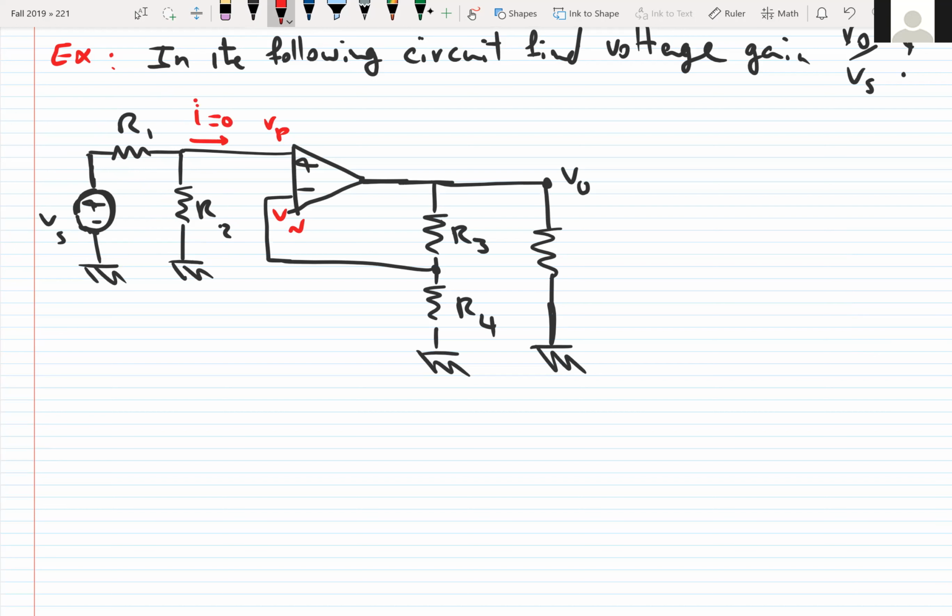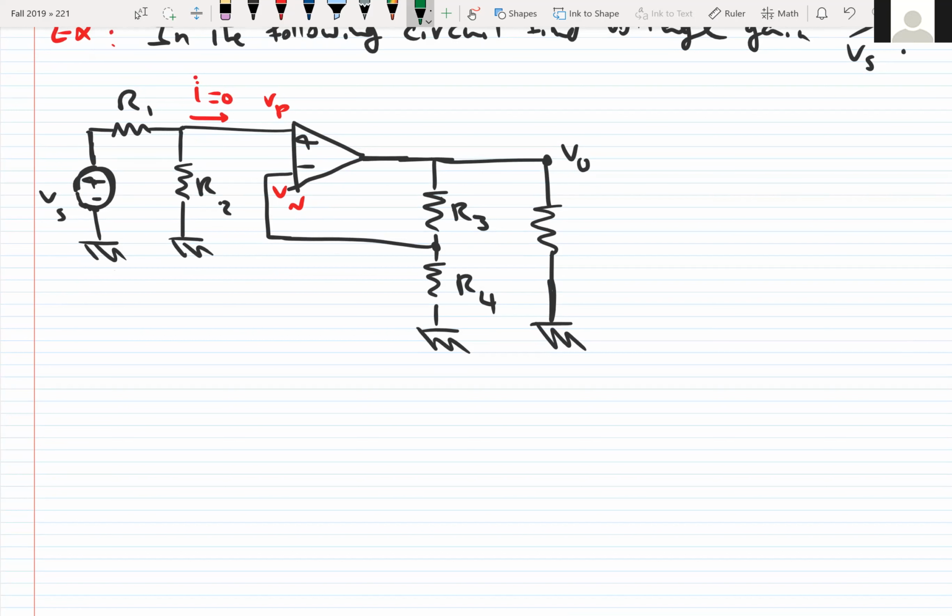So when the current entering the positive terminal is equal to zero, we want to find Vp. Vp is the voltage across R2, because Vp is connected to the right terminal of R2, and we need to find the voltage across R2. Can we find it or not? Let's see.